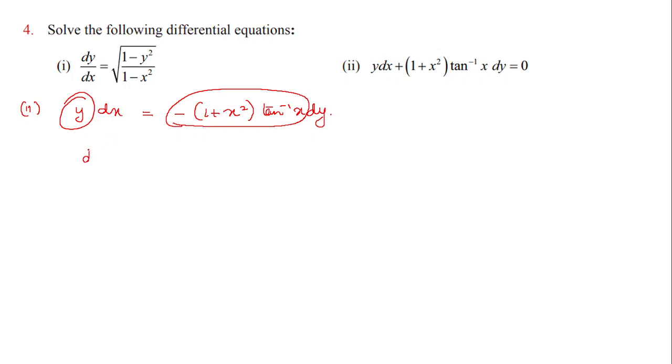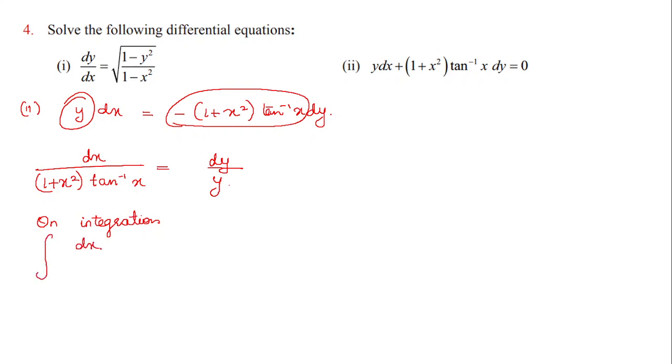So we can write it as dx divided by 1 plus x square tan inverse of x is equal to minus dy by y. So again, on integration we will get integral dx over 1 plus x square tan inverse of x is equal to minus integral dy by y.